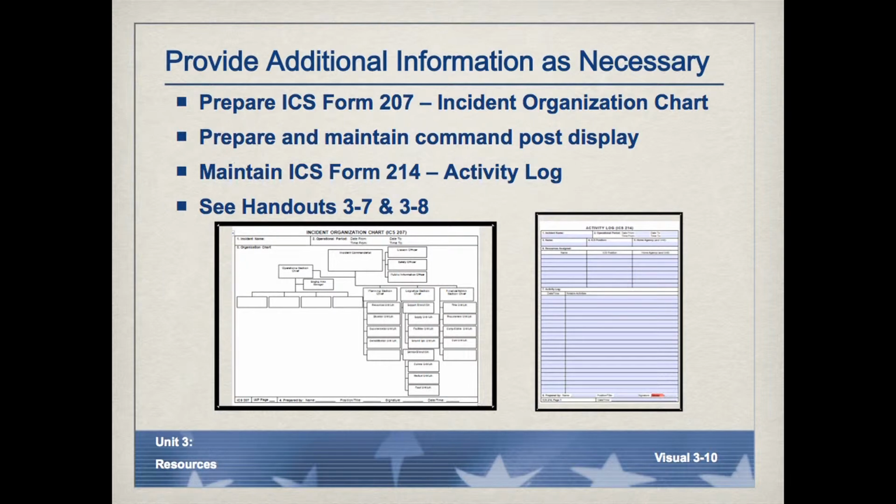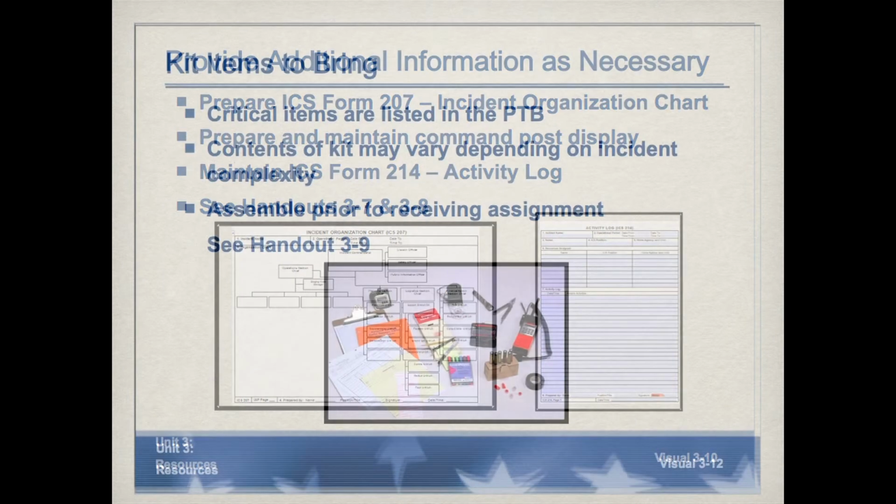Its completed logs are forwarded to the supervisors who provide copies to the documentation unit. These are distributed by the documentation unit who maintains a file of all activities logs. One copy of each log must be submitted to the documentation unit.